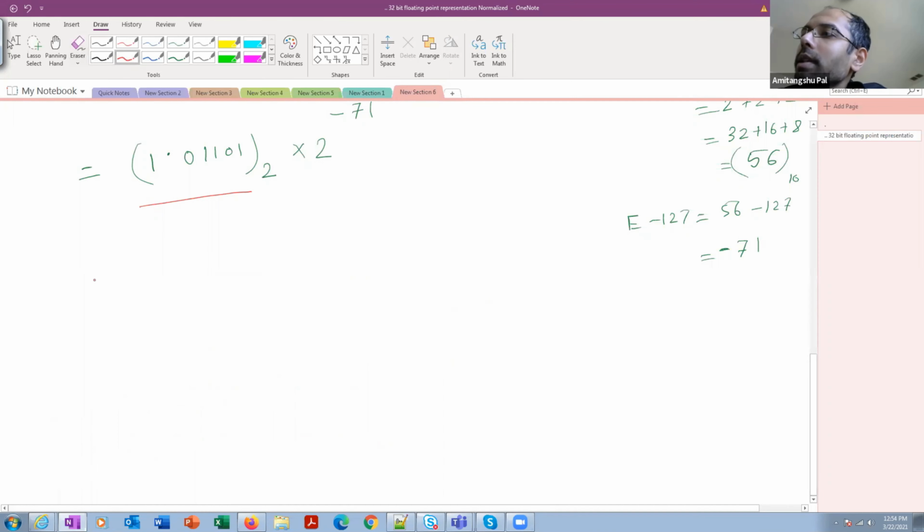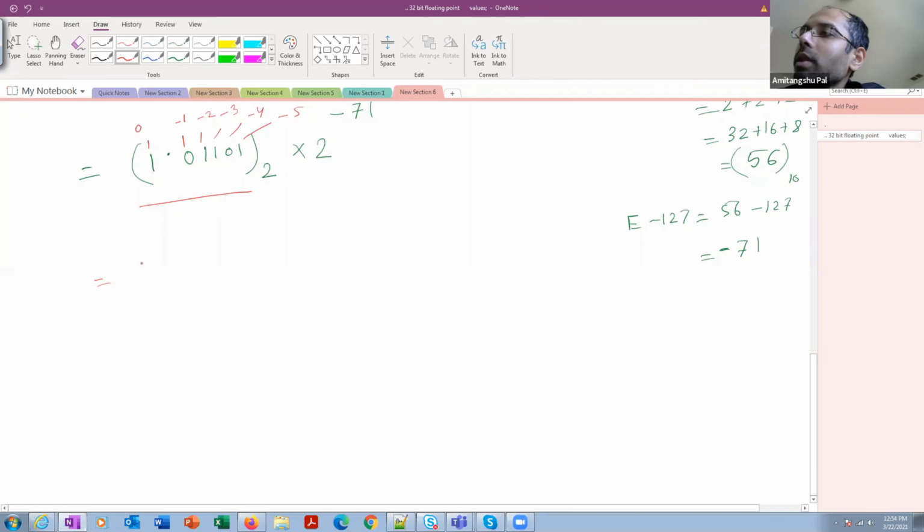So if I apply the same technique, this is the 0th bit, and this position is minus 1, this position is minus 2, this position is minus 3, this position is minus 4, this position is minus 5.